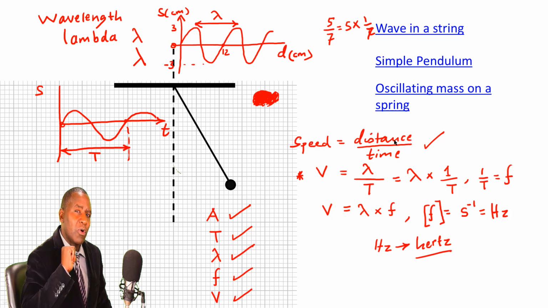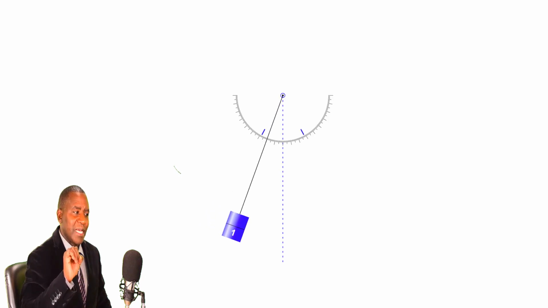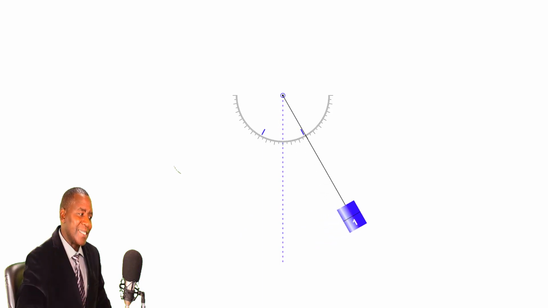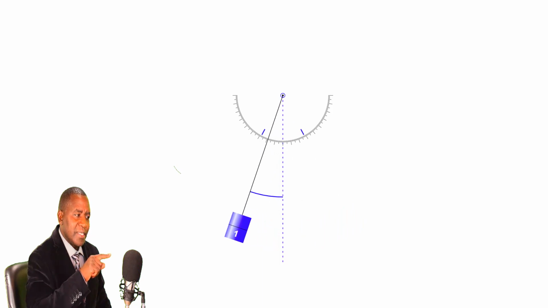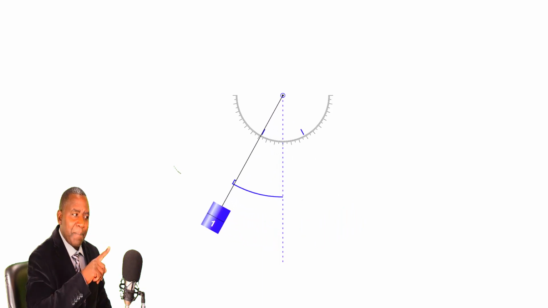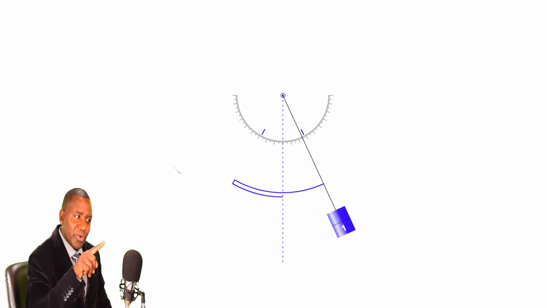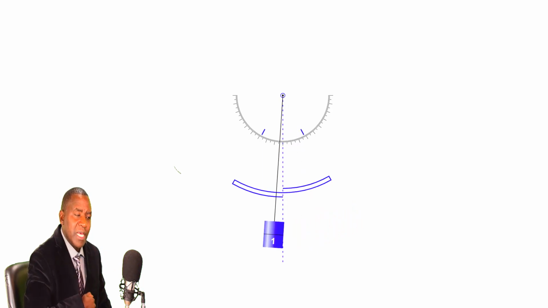Let us look at a complete oscillation and remind ourselves of the distance covered by the wave in a complete oscillation. And we saw that that distance is 3 centimeters plus another 3 centimeters, which is 6 centimeters, plus another 3, which makes 9 centimeters, and plus the last 3 centimeters, which makes 12 centimeters.